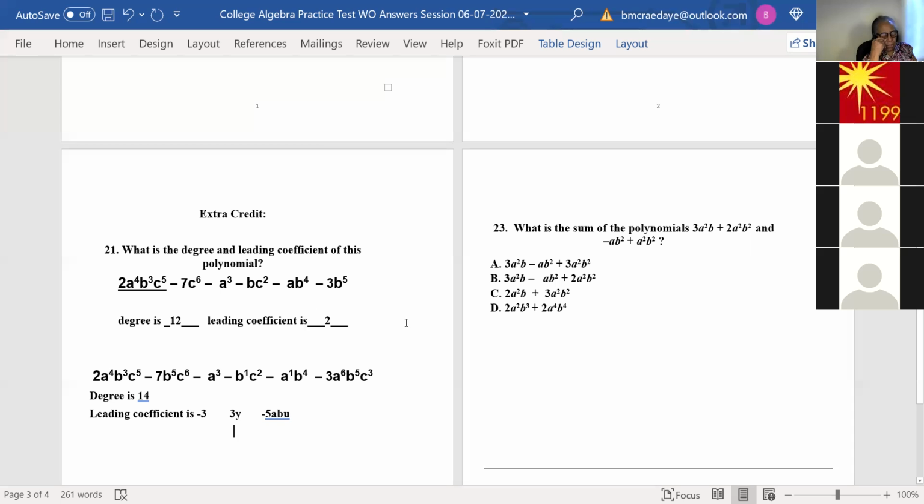Okay, so now you know polynomials, you know coefficients, you know expressions.